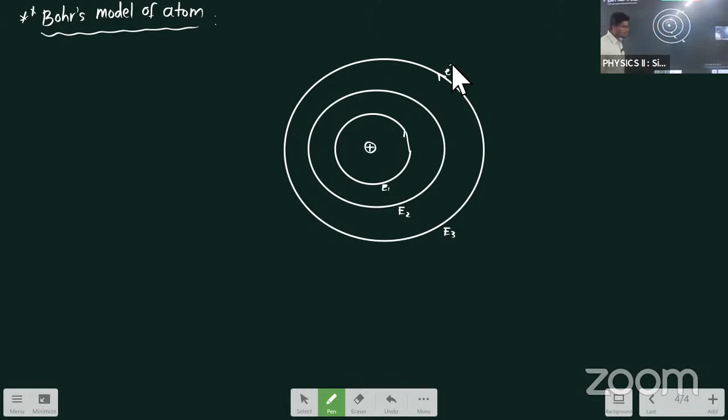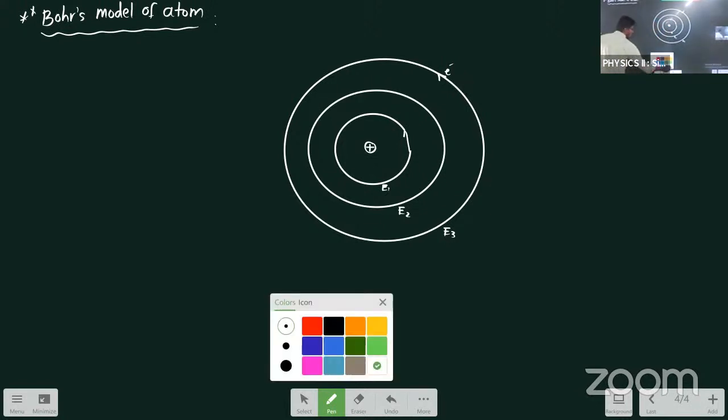So what was the first postulate of Bohr's model of atom? You have studied all this in 9th and 10th and even in first year chemistry, that is the reason I'm just going on explaining.